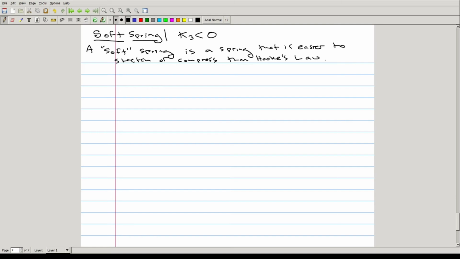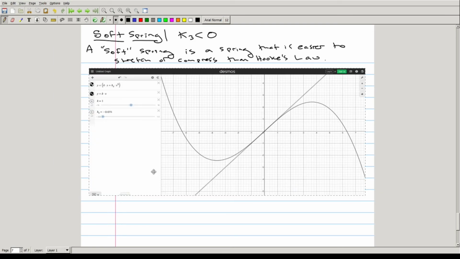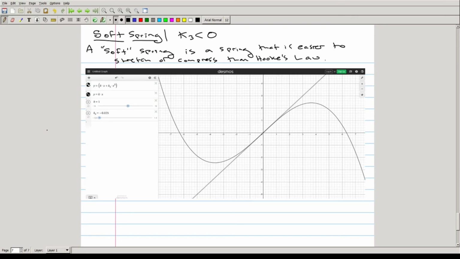And to get a visualization of this, I recommend opening up Desmos and plotting out the function kx plus k3 x cubed along with the function y equals kx. And this function is going to look like this. So if this is the tension function of the spring, then Hooke's law is just the linear relationship y equals kx.